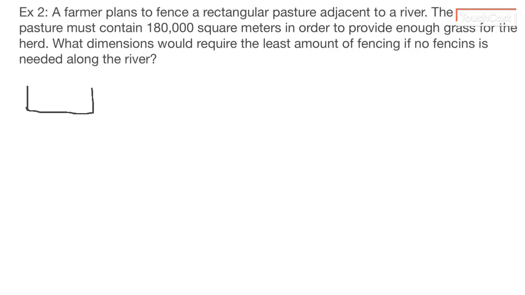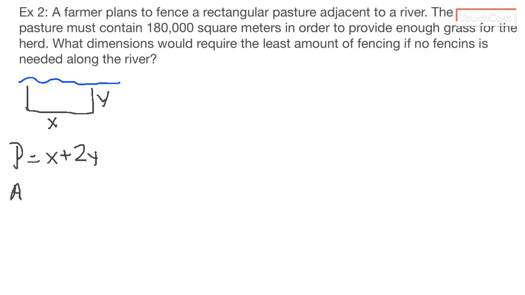So let's say we've got a river along one side of this rectangle. We need to write an equation for the perimeter. If we let one dimension equal x and the other y, the perimeter is going to be x plus 2y.